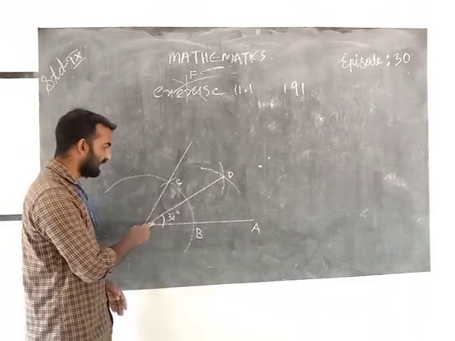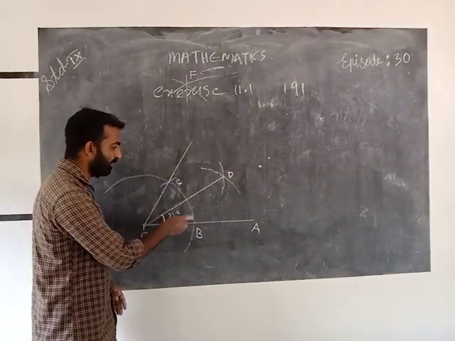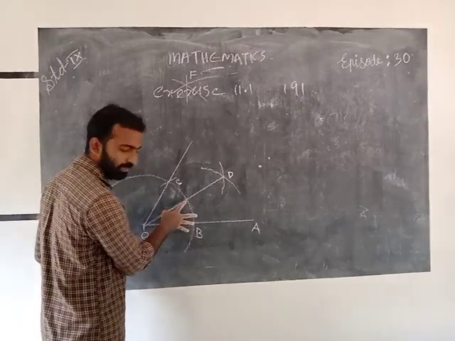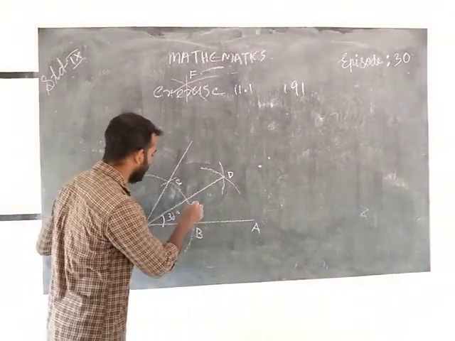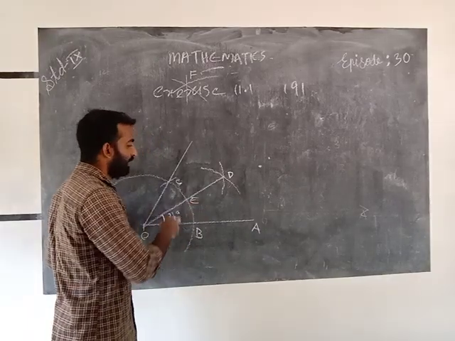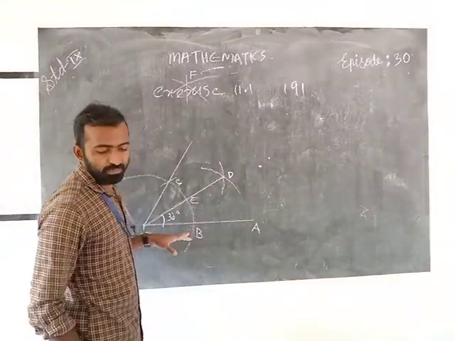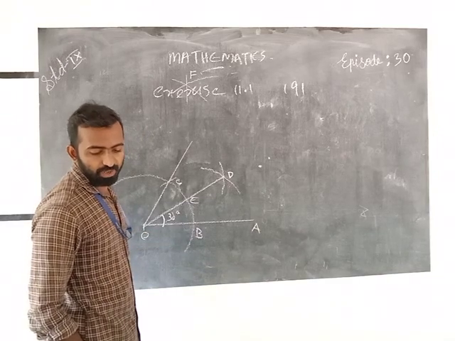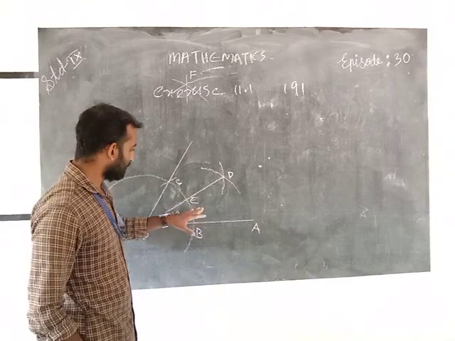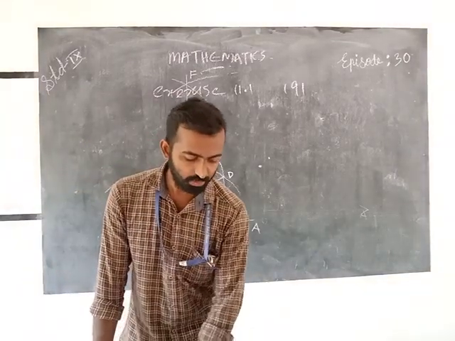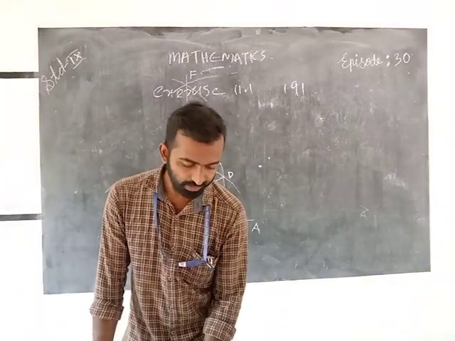Here is 30 degrees. We also take more than half of this one and this, here we can give E. We take more than half of EP, then you draw another one. Then you get 15 degrees. That is for your homework.